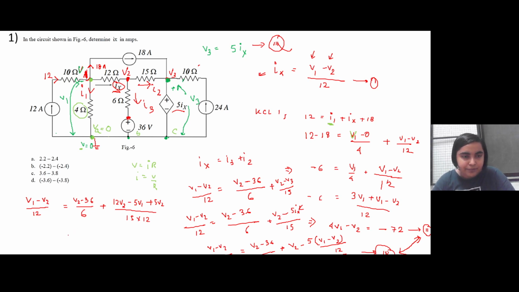Okay. Did anyone come up with the values of V1 and V2?